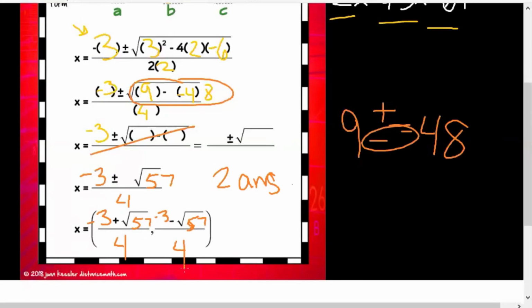So when you cannot find the square root of a number, you are just going to leave it. However, you still need 1 plus answer and 1 minus answer, just like we would do if we were simplifying. We'd split it up, adding 1, subtracting the other. That is it.